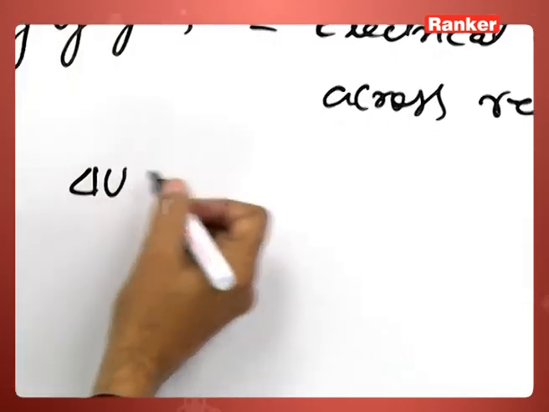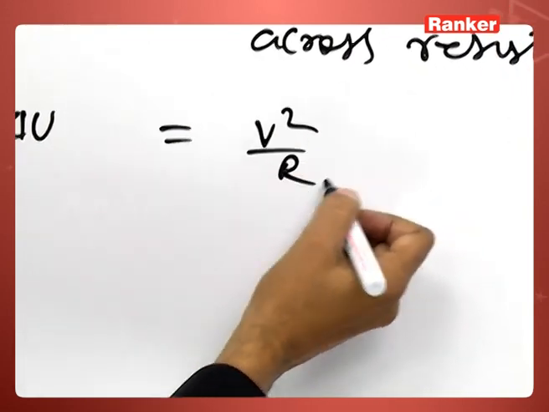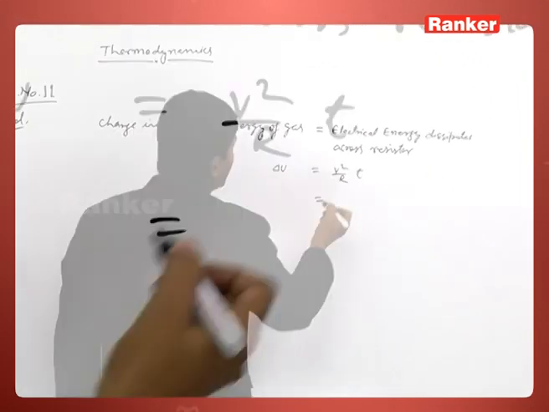So this is your delta U, which is V square by R into T.